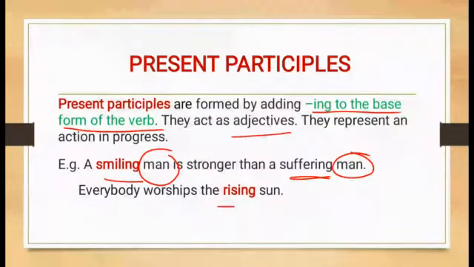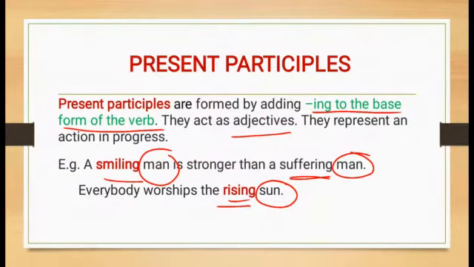Here, the word rising is a present participle because it is qualifying the noun sun and thus does not play the role of a verb but plays the role of an adjective here. And that is why we can call these words smiling, suffering, and rising present participles.